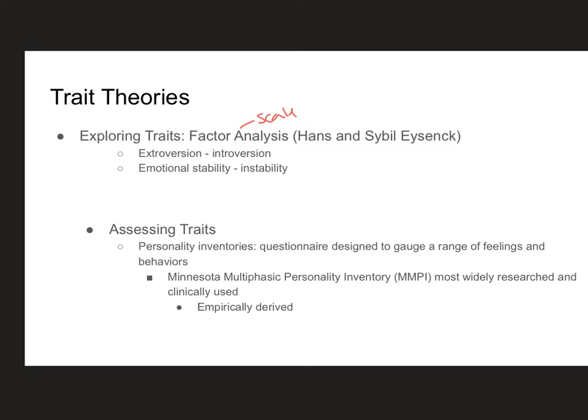And so essentially, just to give you an example of the four different types: if you are introvert and unstable, then you tend to be moody. If you are unstable and an extrovert, then you might be impulsive.